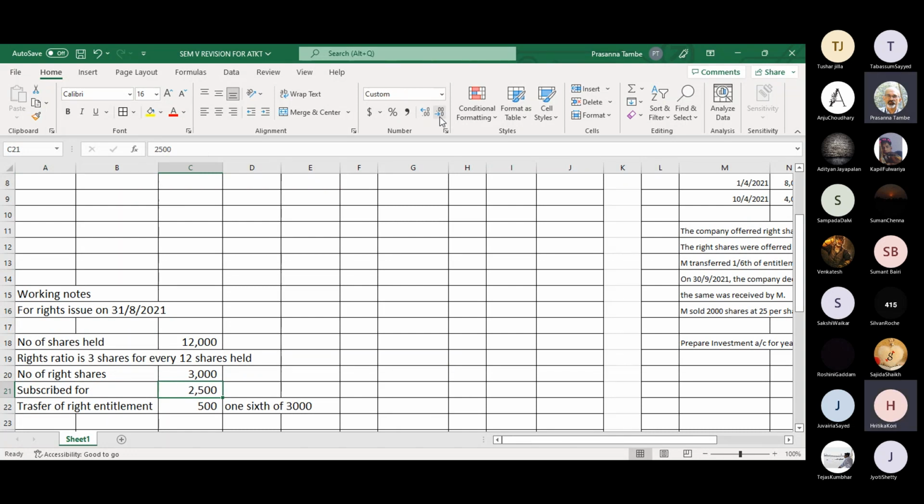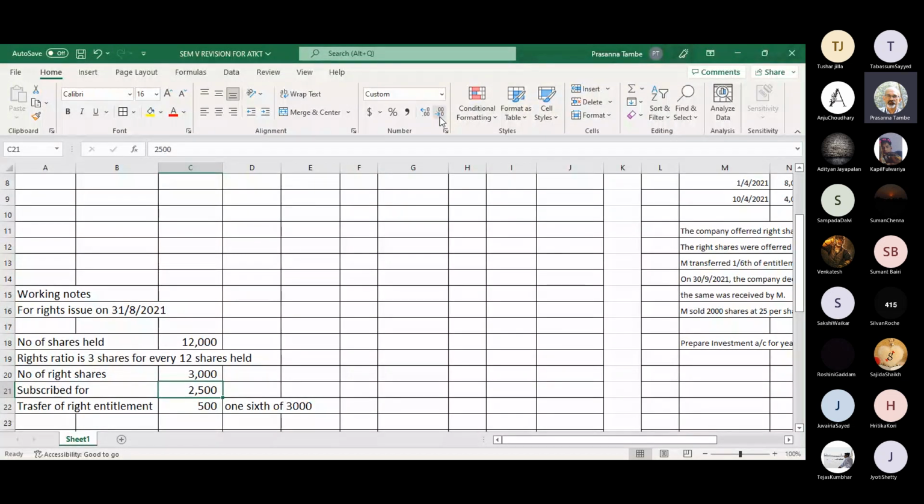Yes? Yes, sir. Is the calculation clear to everyone? But sir, will you explain this again, the transfer of rights entitlement? Yes. He is holding 12,000 shares. Everybody is clear on that? Now for 12,000 shares, he will get a certain number of rights shares.